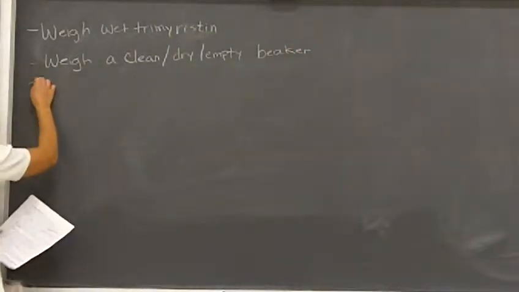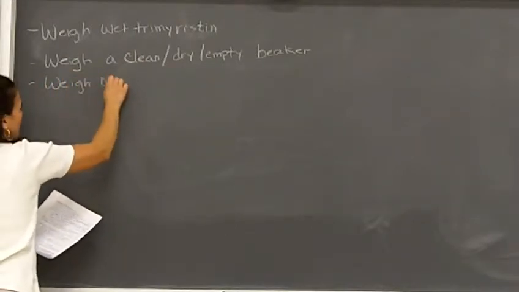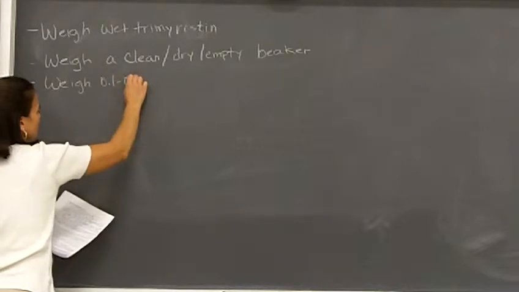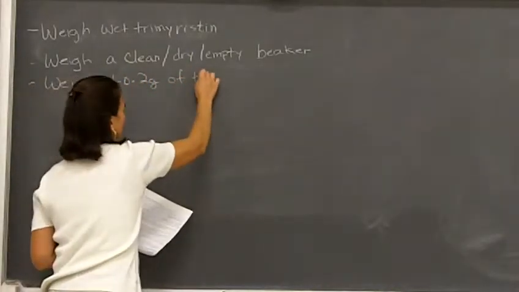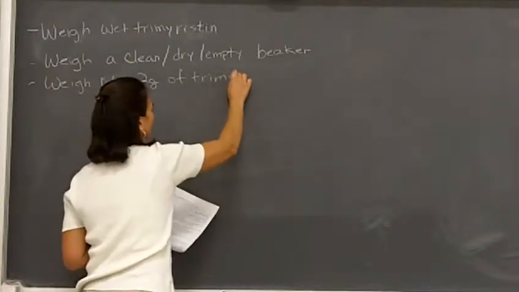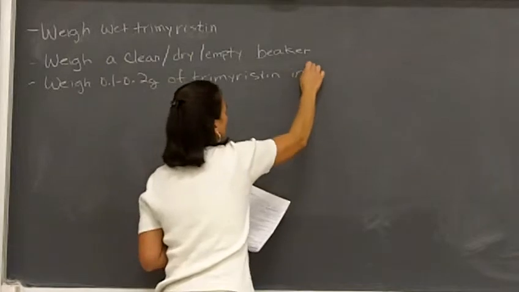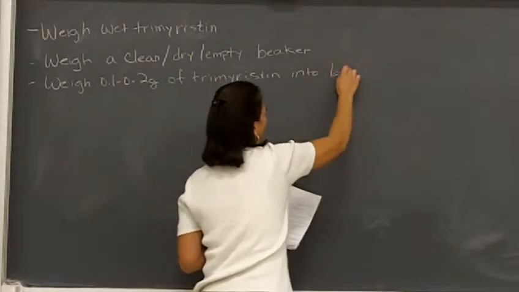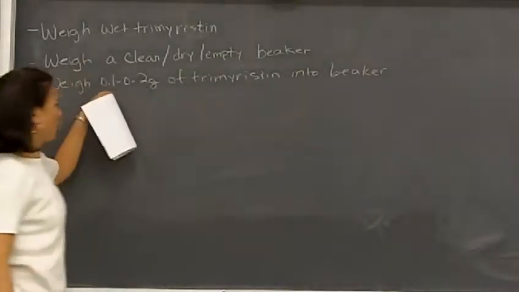You're going to then weigh 0.1 to 0.2 grams of the trimyristin into this beaker. So if you're close to only having 1 gram, aim for the 0.1 grams.